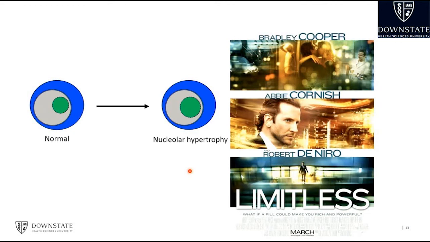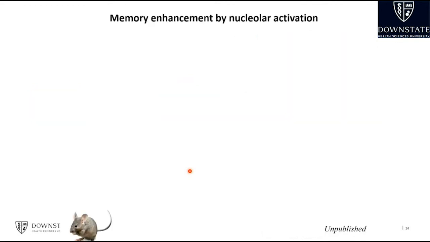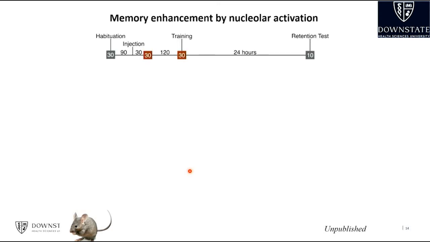Well, we're trying to do that by taking advantage of an activator of the mTOR pathway, because the mTOR pathway is the main activator of biogenesis of ribosomes in the nucleolus. So what we did in this case is train the animals. We didn't do 3 training trials, but rather 2, because we don't want the animals to learn well, because we want to see if we can produce memory enhancement.